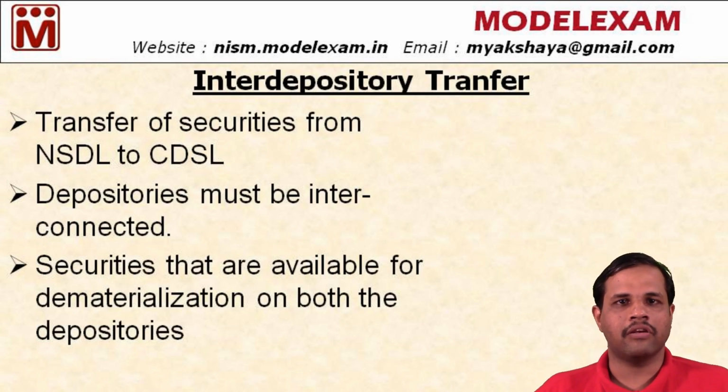Similarly, in NSDL and CDSL also there are certain securities which are available in both depositories, and there are certain securities which are available only in NSDL or only in CDSL. So in order for this inter-depository transfer to happen, the shares should be common for both depositories. That is, it should be available in NSDL as well as in CDSL. Only such shares can be transferred.